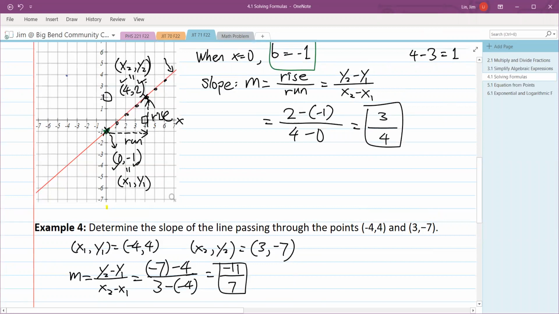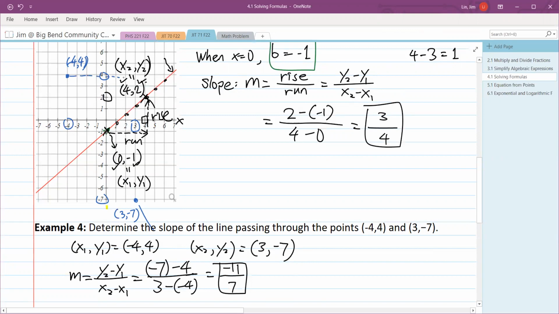Right, so this is where we have (-4, 4). Okay. And then this is where we have (3, -7). It's right there. Right. So if I connect these 2 points, then yes, this is the second linear function with the negative slope.